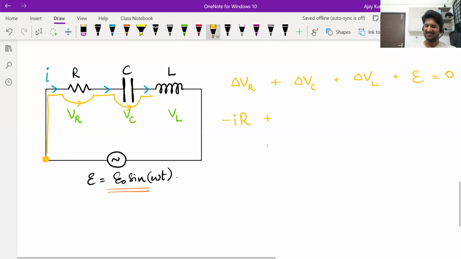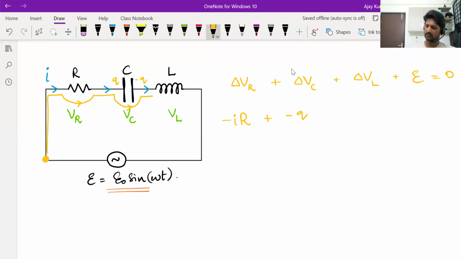Isha, Pradyun, how can anyone of you recollect and tell how to write potential change across a capacitor? Minus of the charge on the first plate divided by C. Correct. So assume the charge on the left side plate is Q at a particular instant.